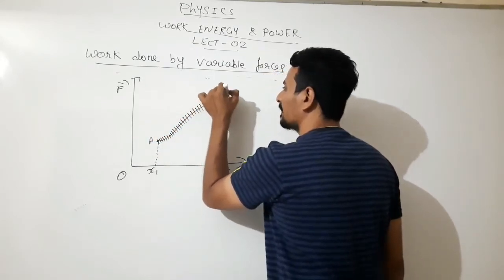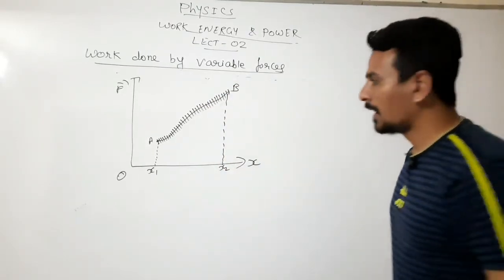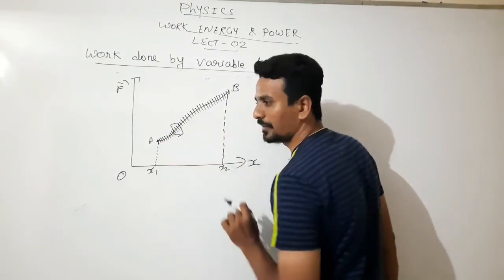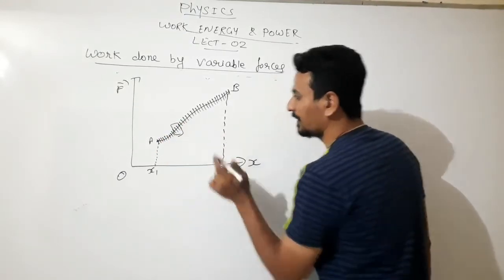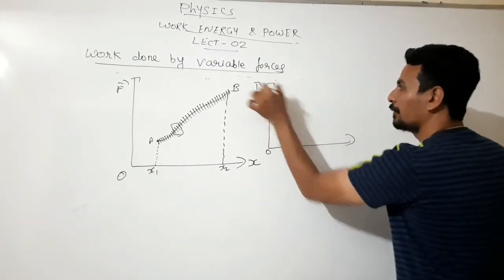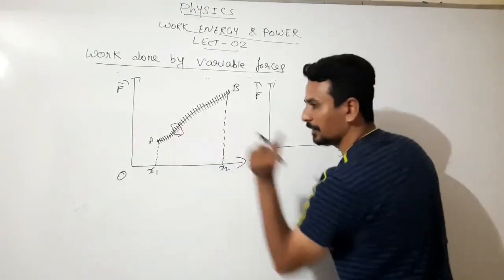I am just telling you the same thing in a different manner with the help of the graph. Now let us concentrate only on this very small displacement. I draw it separately over here.